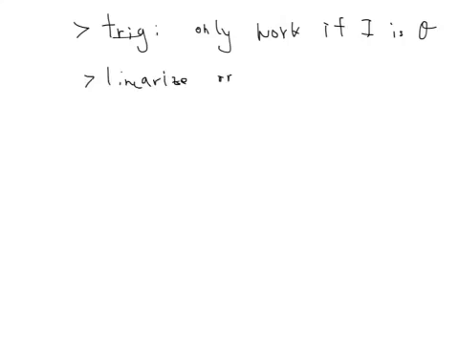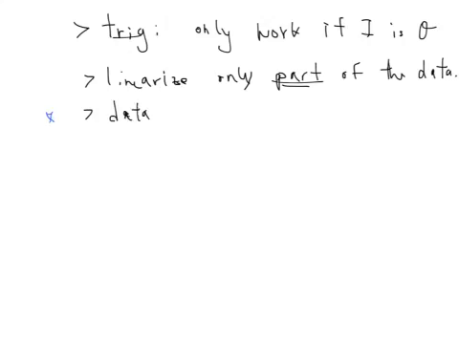Linearize only part of the data. This is going to seem like a really strange thing, but it's justified because of the following fact. Here's why we can do this, and this is very, very important. It's something that you want to think about and discuss in your report should you take this path.